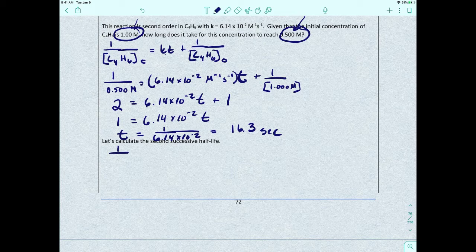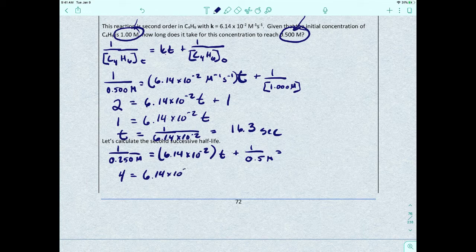So we've got 1 over 0.25 molar is equal to 6.14 times 10 to the minus 2 times T plus 1 over 0.5 molar. All right, so now if we take 1 over 0.25, that gives us 4, and that's equal to 6.14 times 10 to the minus second T plus 1 over 0.5, that's going to be 2.